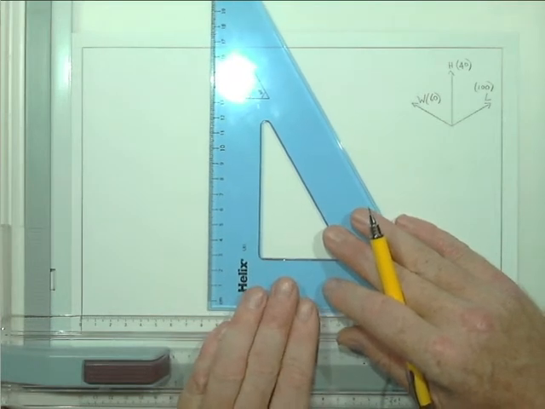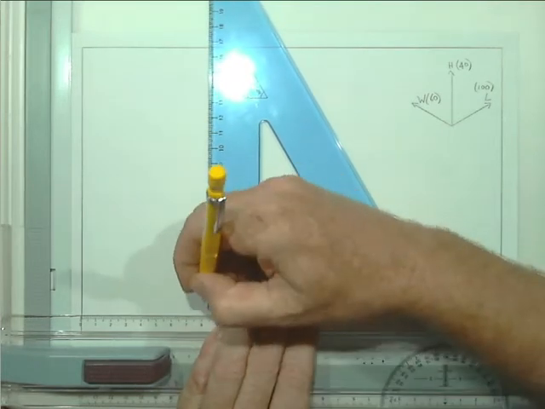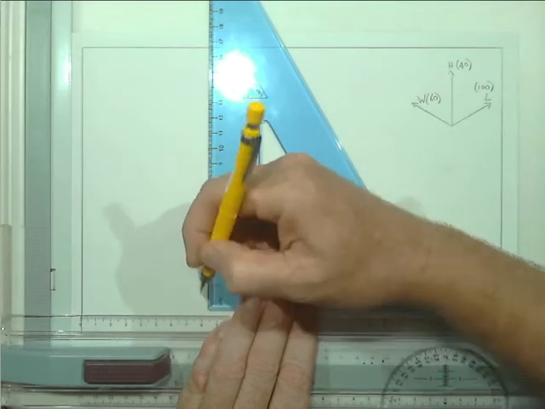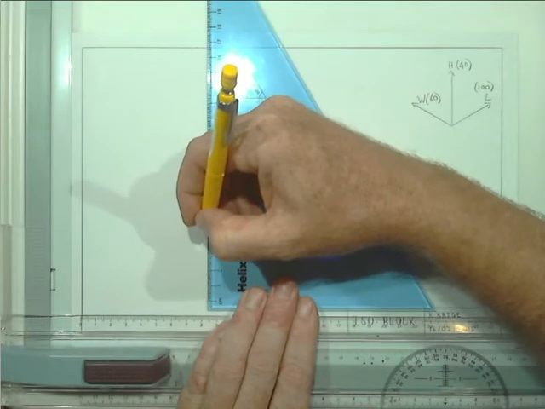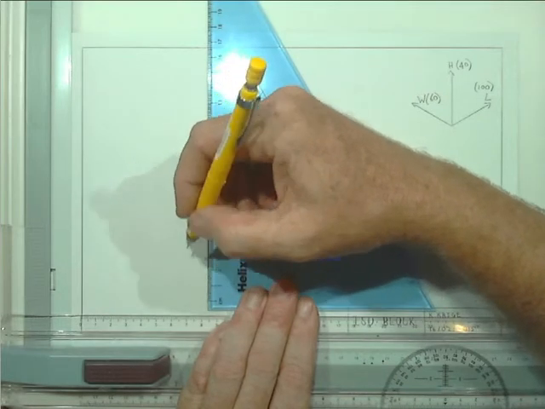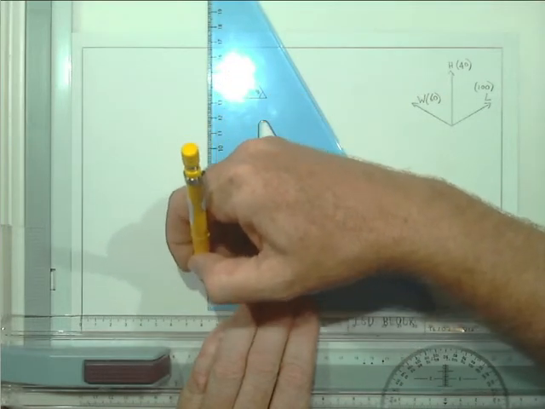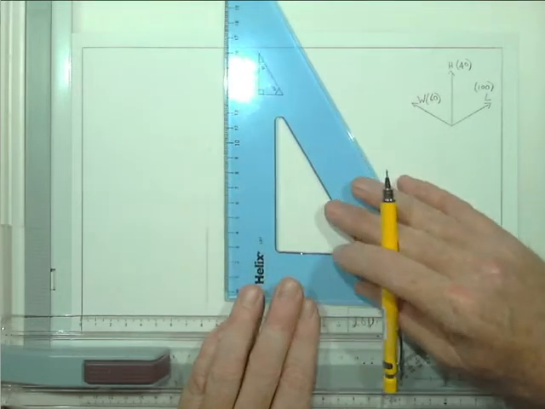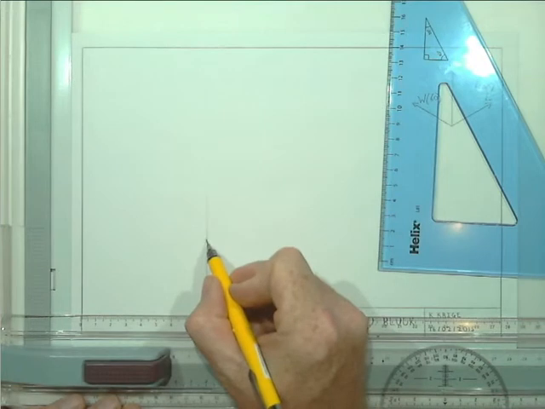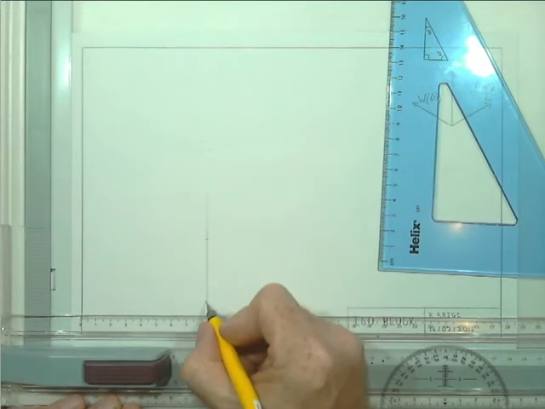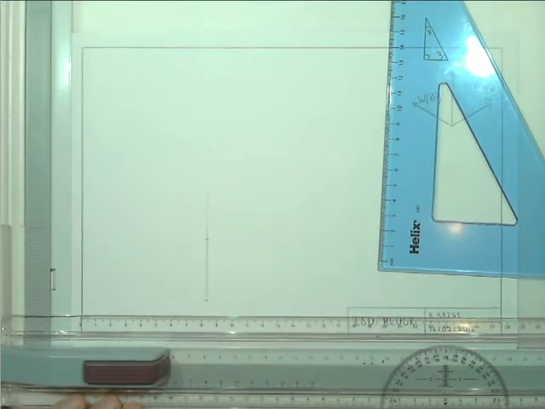Now I need to mark off my height of 40 on this line. So I'm just going to mark off at 0 and at 40. I'm going to make my line a bit darker than I normally would, just so that you can see my faint line here with my marking over there and a marking over there, like that.